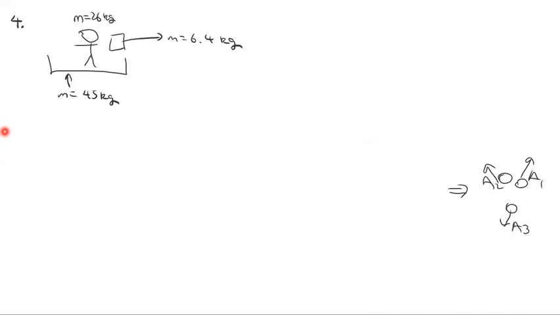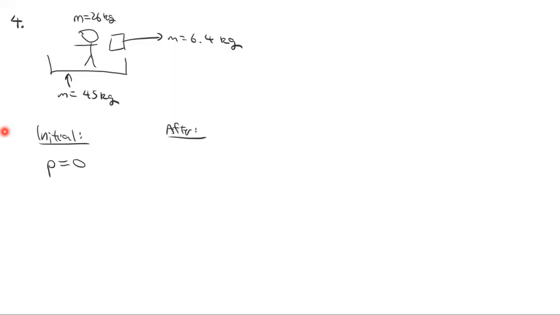So we just need to work out, at the start, what's the momentum? Initially, it's quite clear the momentum is 0. No one is moving, right? It doesn't matter what the mass is. But afterwards, because of conservation of momentum, the momentum sum afterwards still needs to equal 0.